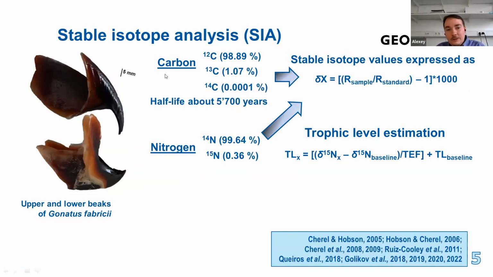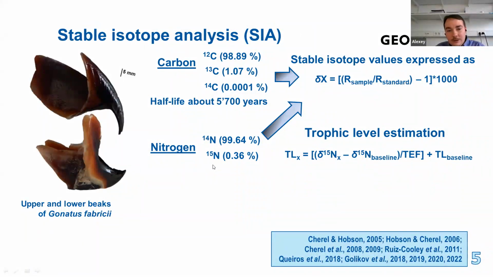If we speak of carbon, the regular carbon, C12, is almost all carbon in the world, almost 99% is the regular carbon, but the heavier stable isotope, carbon 13, is the one we use in ecology. Also, there is carbon 14. This is used in radioisotope analysis with a half-life of about 6,000 years, but we're not discussing this one today.